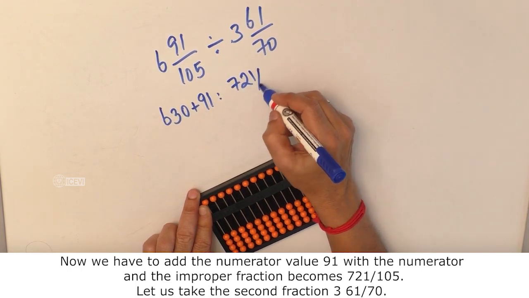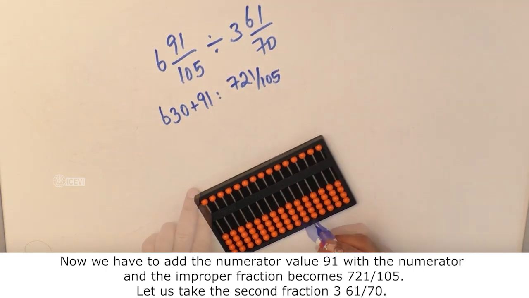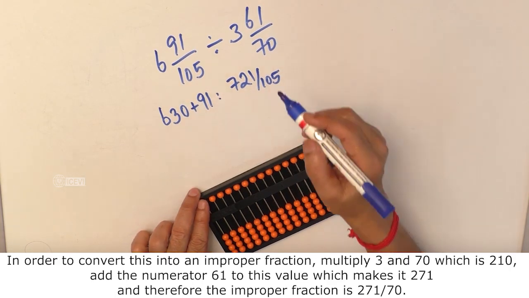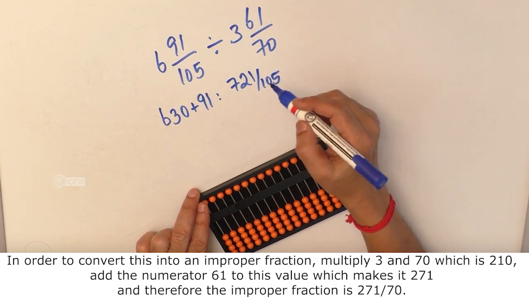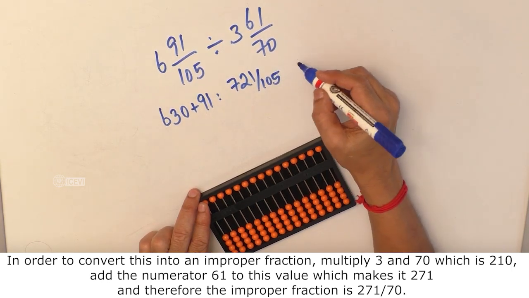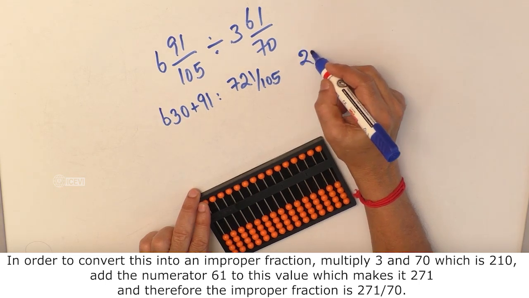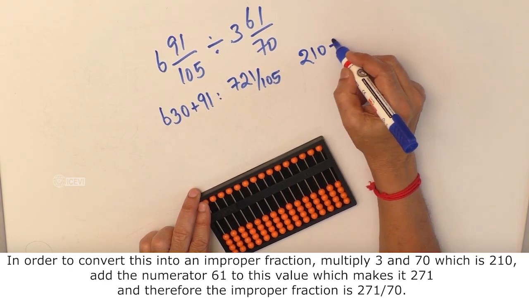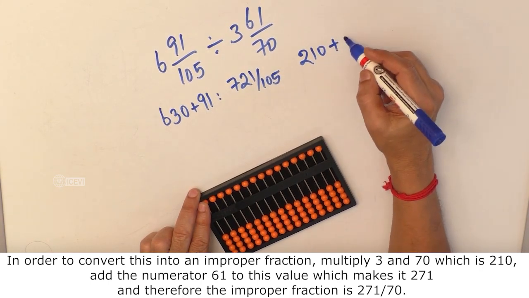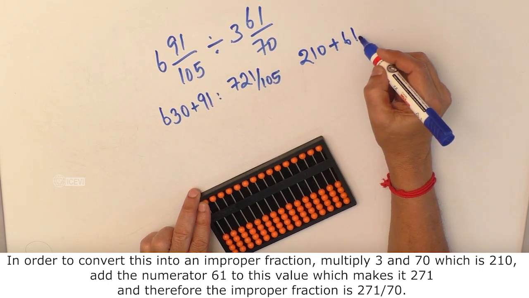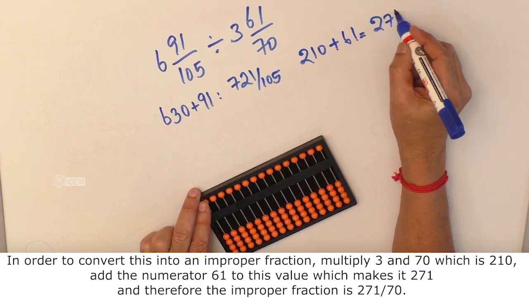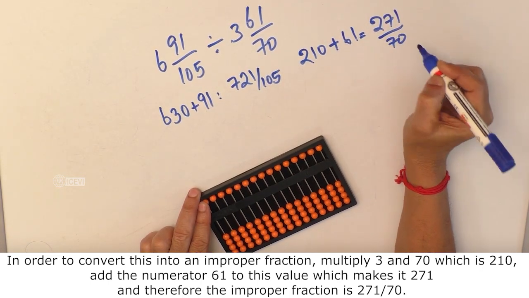Let us take the second fraction 3 61/70. In order to convert this into an improper fraction, multiply 3 and 70, which is 210, plus the numerator value of the second fraction, that is 61, and therefore the improper fraction is 271 divided by 70.